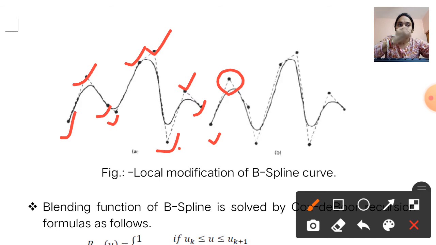So some control points are changing here, and here we can skip some control points to design the curve. All the control points are used, and we change these control points, but the degree cannot be changed.